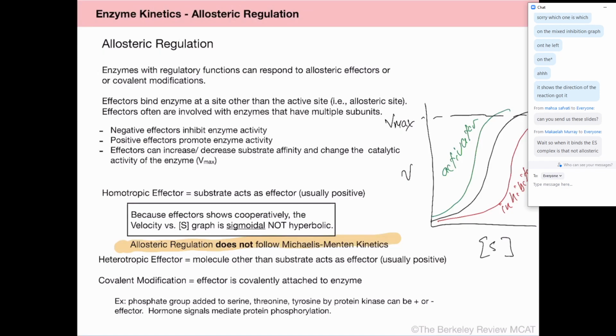So the difference between allosteric regulation and non-competitive inhibition is that in allosteric regulation, you can imagine an enzyme changing shape, and that's going to either make it more or less efficient, right? Versus a non-competitive inhibitor, which when it binds, it doesn't allow any product to form. Does that make sense?